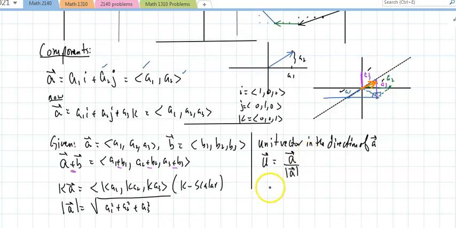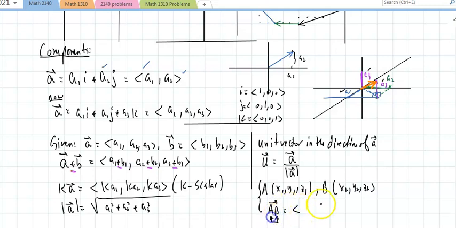Given point A in 3 dimensions to be some x sub 1, y sub 1, z sub 1, and point B to be x sub 2, y sub 2, z sub 2. Vector AB, that's a standard vector starting at the origin, is always end minus beginning.